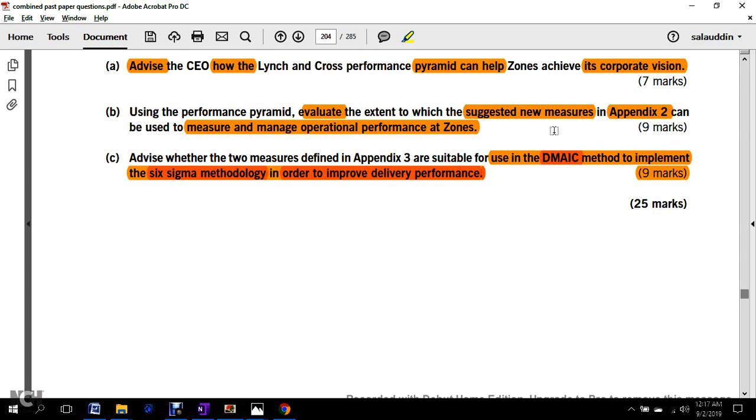What is the loophole? We have identified this. Now we will try to improve our performance. The Six Sigma team identifies possible solutions to improve the process because we have already identified the loophole. Then control. Control means a monitoring process, a control mechanism to check whether my improvement activities are perfectly followed.